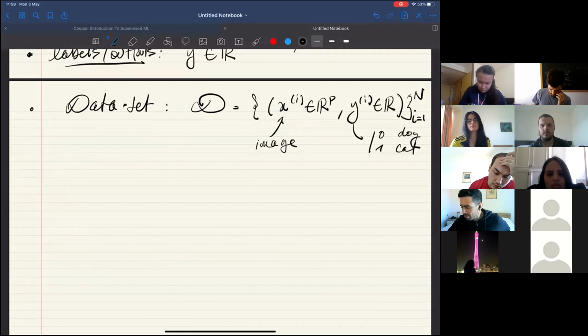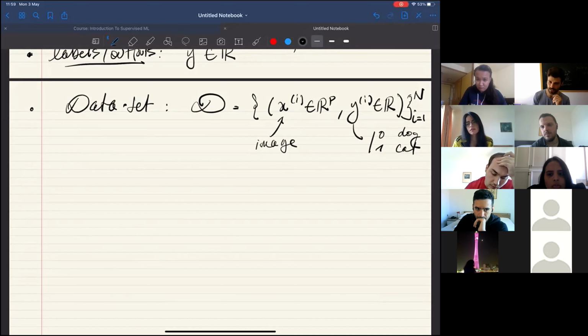If I'm not wrong, you have the image of the dog and the cat, and then you have the pixels of each image, and then you assign a number to each pixel based on the color, like the three main colors. Let's think in gray, in black and white, just to see. Okay, yes.